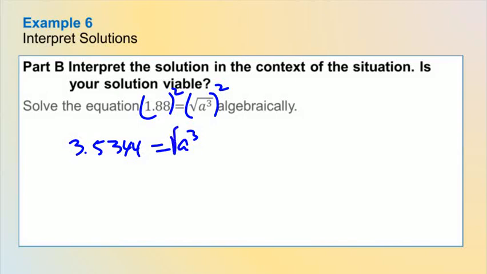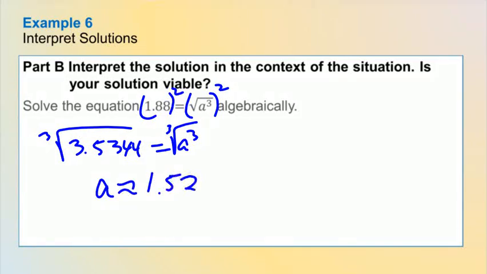So when you do a cube, you find the cube root of both sides, and the cube root of 3.5344 equals roughly 1.52. So the interpretation says the mean distance from Mars to the Sun is about 1.52 astronomical units from the Sun.